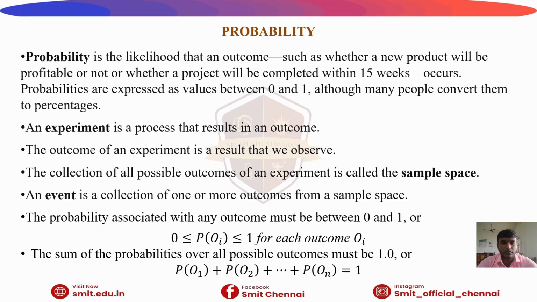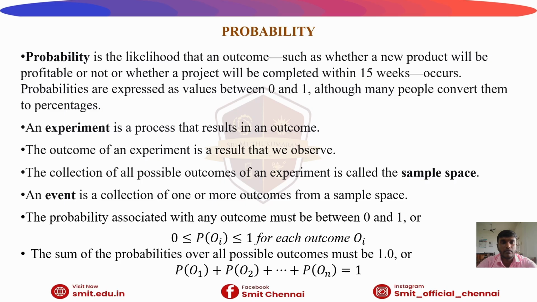The key points of the probabilities are as follows. First, an experiment is a process that results in an outcome. Second, the outcome of an experiment is a result that we observe. Third, the collection of all possible outcomes of an experiment is called the sample space.